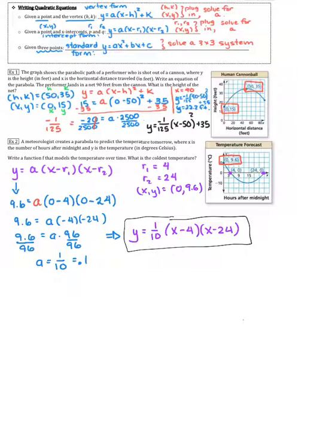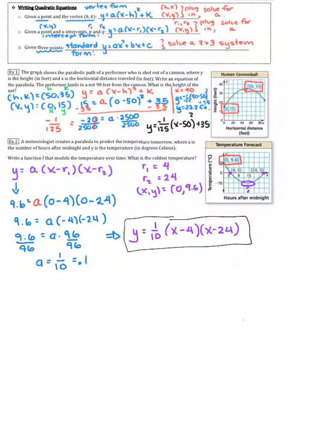Now, it also asked us, what is the coldest temperature? Looking at the graph, the coldest temperature happens down here, actually at the vertex.